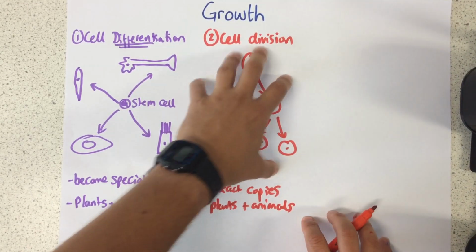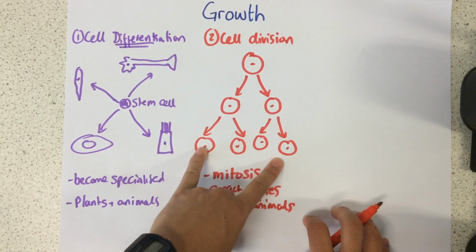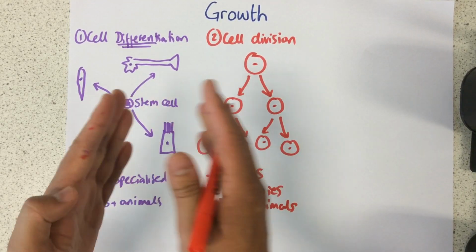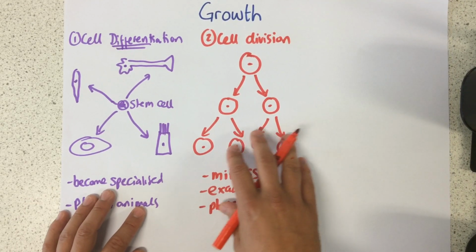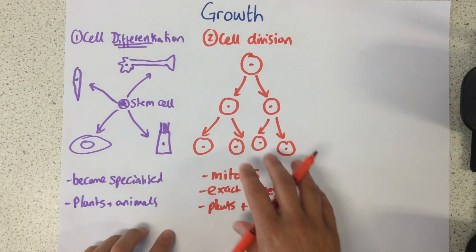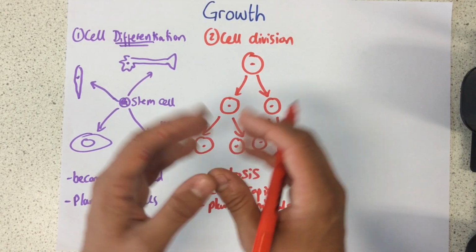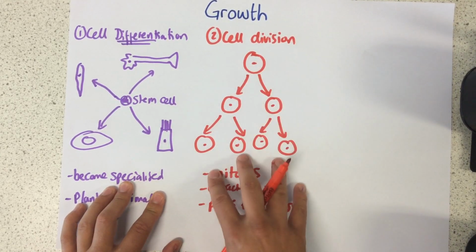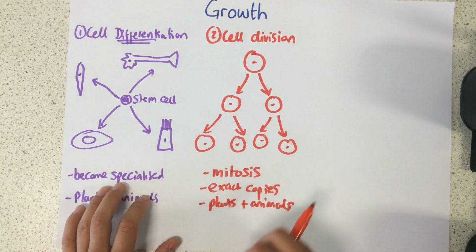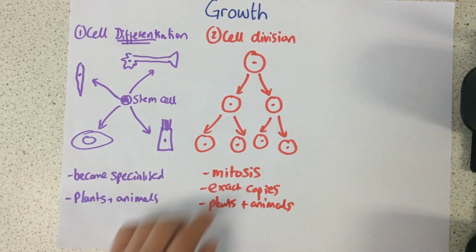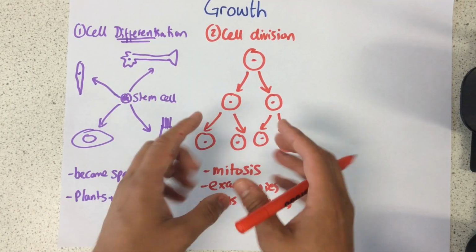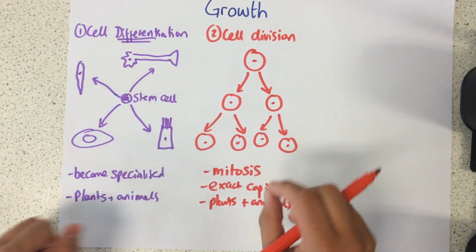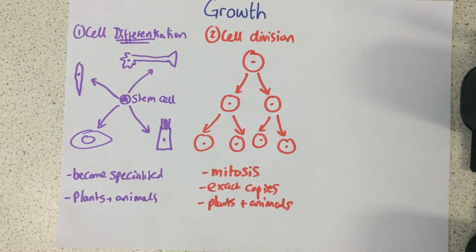But most of the growth in animals normally happens when the organism is near the beginning of its lifetime, so in its younger phase. Because when it reaches an adult, there's much less growth which occurs. It stays quite consistent, which means this cell division mostly occurs in order to repair cells or replace old dead cells. Plants, however, keep on undergoing mitosis at the roots and the stems throughout their lifetime.